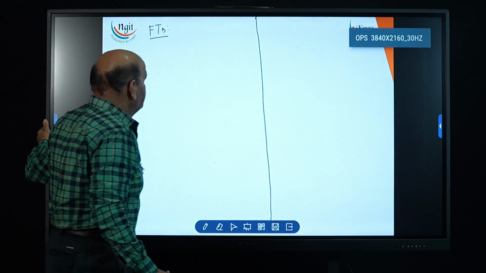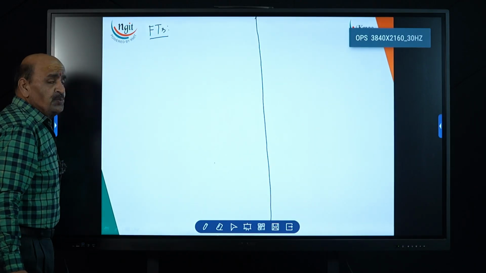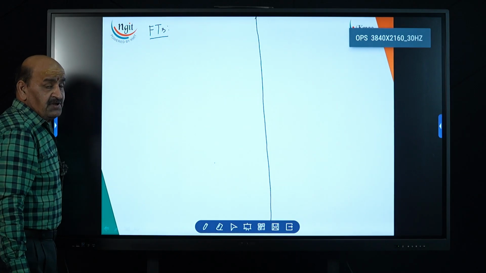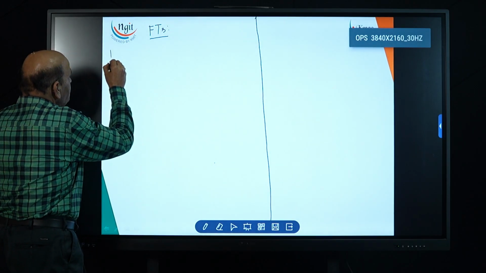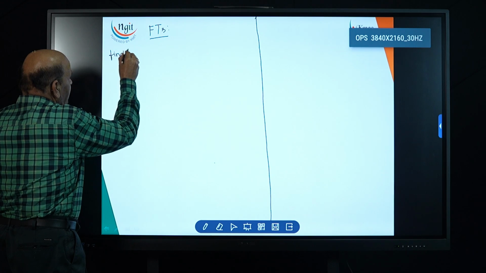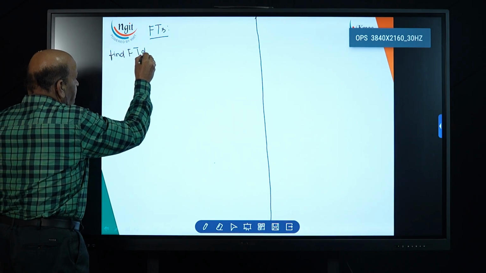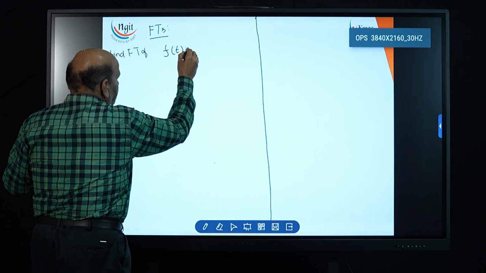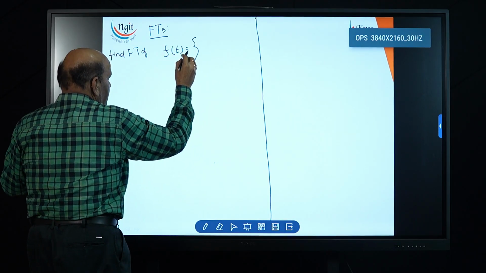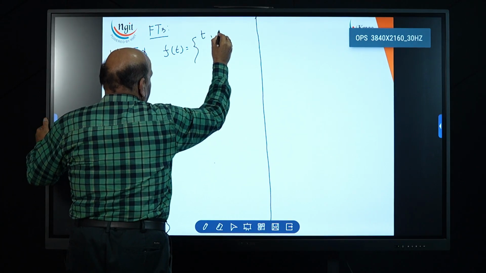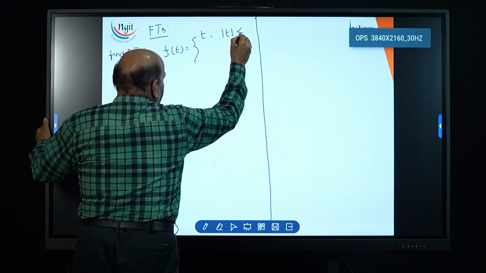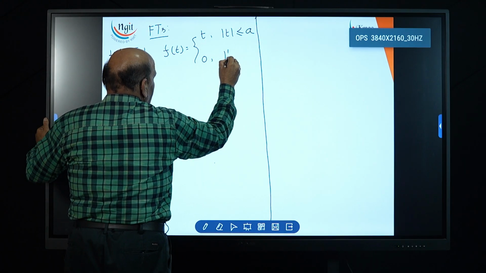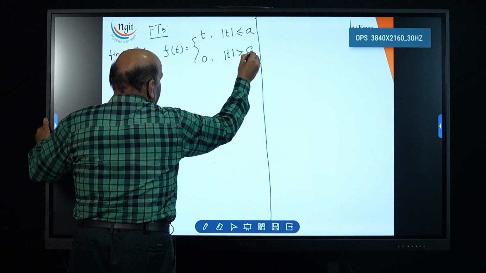There are two problems which are being repeated in most of the examinations. The first one is how they ask: find the Fourier transformation of a signal or a function f of t equal to t when mod t is less than or equal to a, and that is equal to 0 when mod t is greater than a.